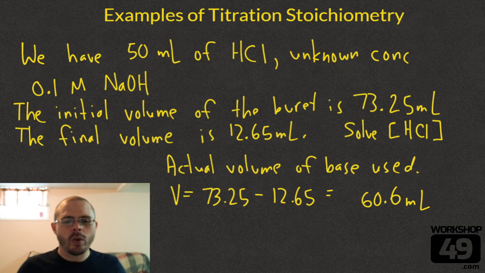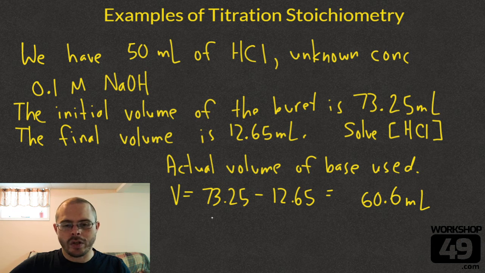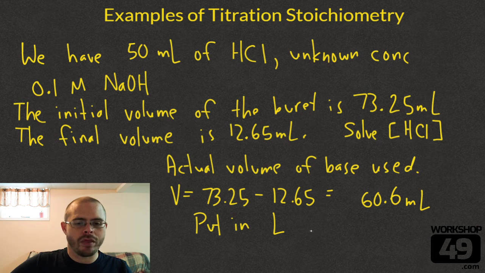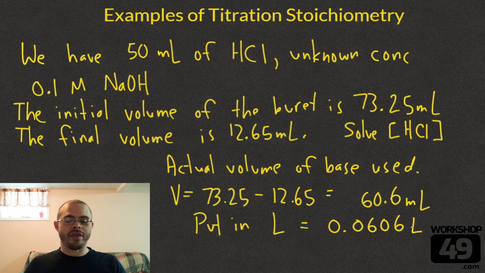Now, be very aware, although stoichiometry and titrations typically use milliliters, when we start filling this into our equations, we're going to need this in liters. So let's put this in liters. You divide it by 1,000, it's going to equal 0.0606 liters. And that's the value that we're going to use for our next step.